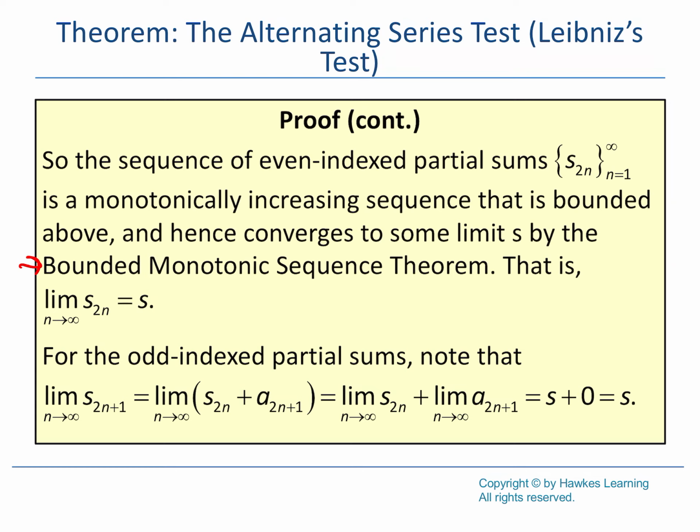For the odd index partial sums, those are very similar to the even index sums, except for the fact that they are one term different. And since those terms go to 0, the odd index partial sums converge to the same number as the even index partial sums.